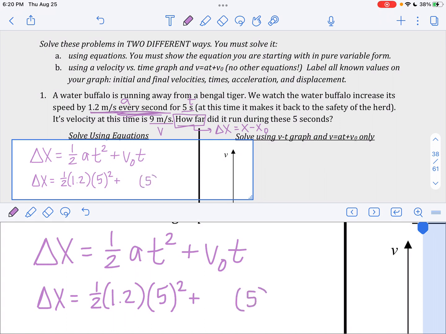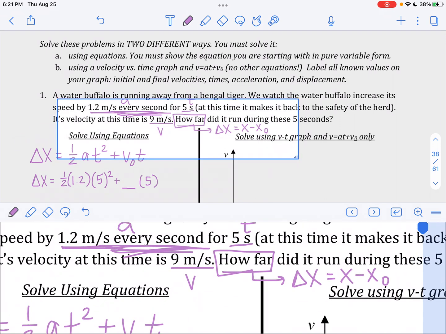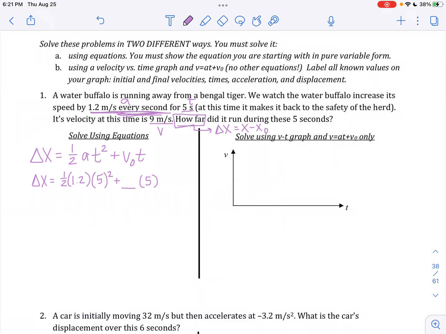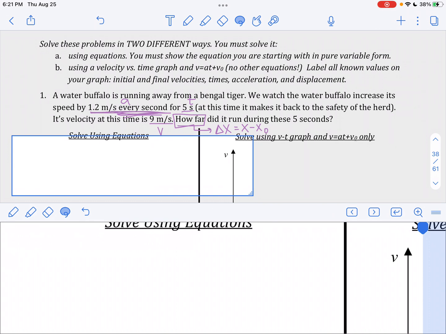Can't forget that time. But I actually don't know my initial velocity. This 9 meters per second is not the initial velocity. It's the final velocity. So in order to solve for the displacement, I need to solve for the initial velocity first. And to do that, I actually need to use my first physics equation.